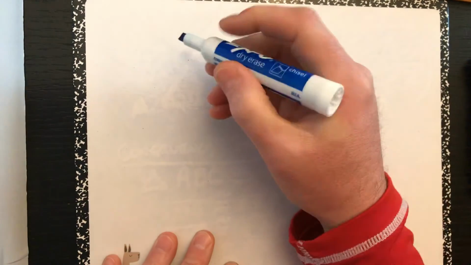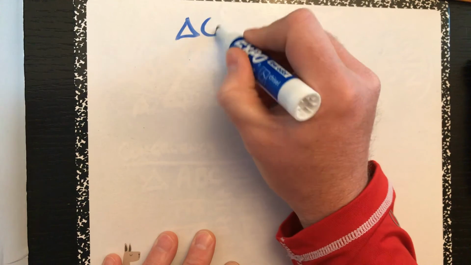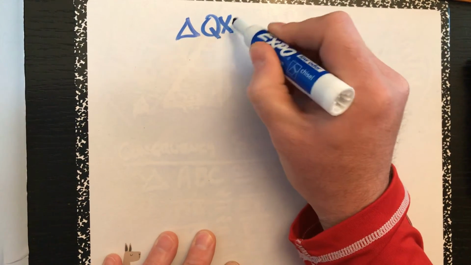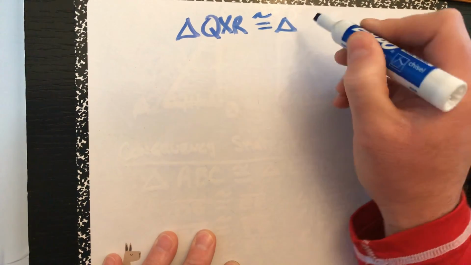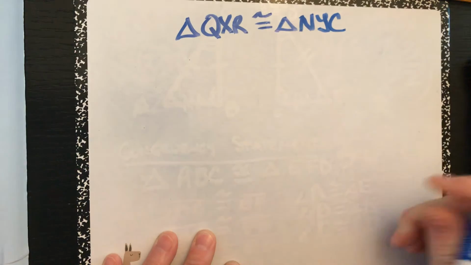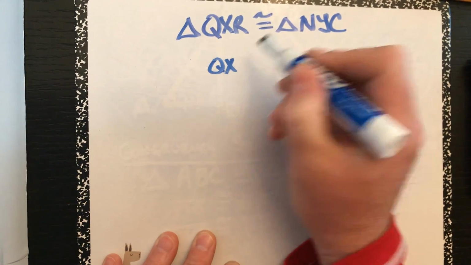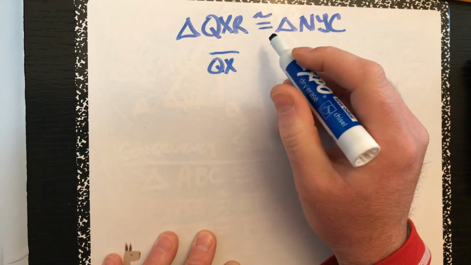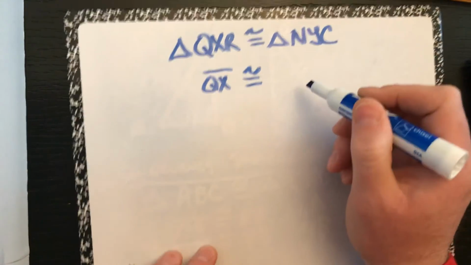What they like to do in this section is give you a congruency statement. So triangle QXR is congruent to triangle NYC. And then they give you QX is congruent to, and you have to come up with the second part.